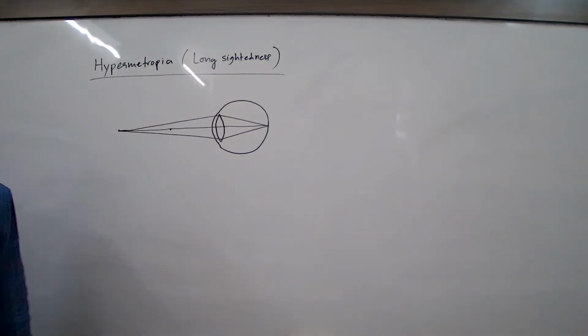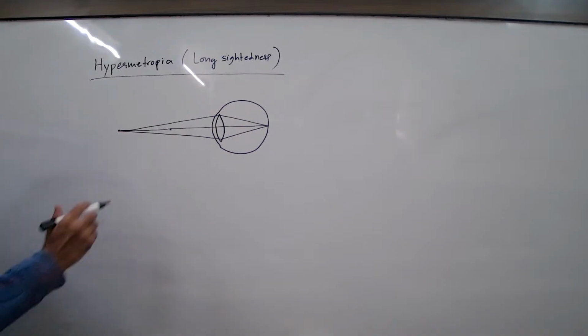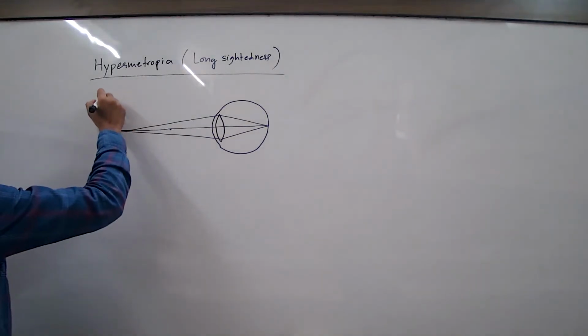Okay, so let's open the diagrams. Near point of a hypermetropic eye.